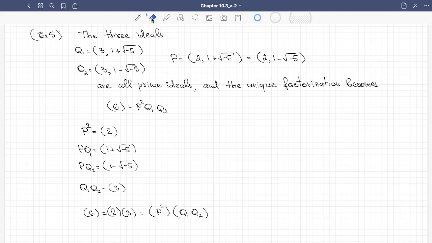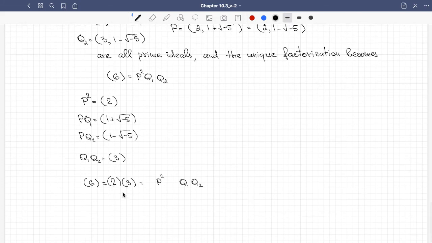Here I don't want to put parentheses. Let me put just distance between them. I put parentheses for principal ideal. So this is P squared, which is 2, times Q1 Q2, which is 3.